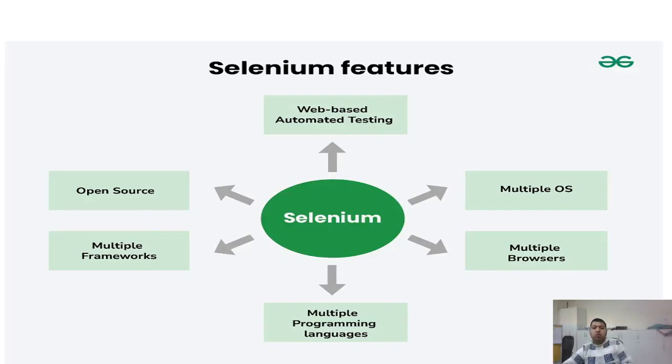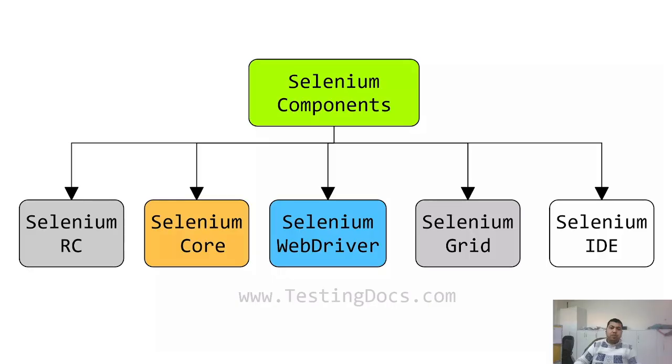Features of Selenium: web-based testing, open source, multiple frameworks, multiple OS, multiple browsers, and multiple programming languages such as Java, Python, C#. It is open source, so it is widely used and very easy to use. We can use it on different operating systems: Windows, Linux, Mac OS, anything.